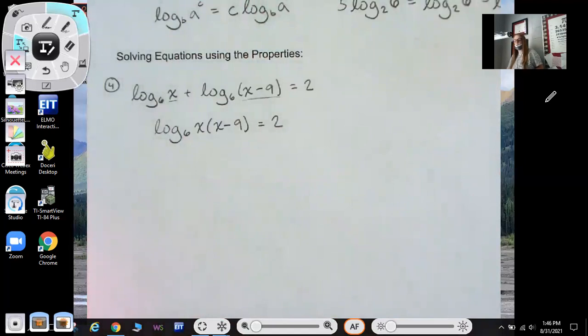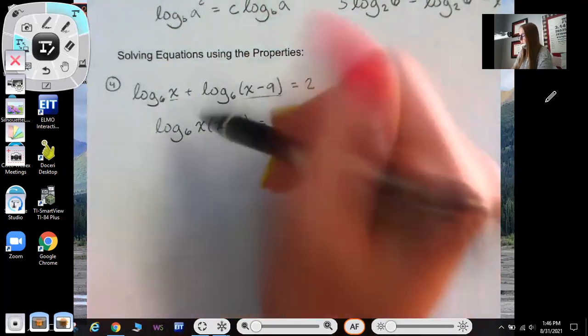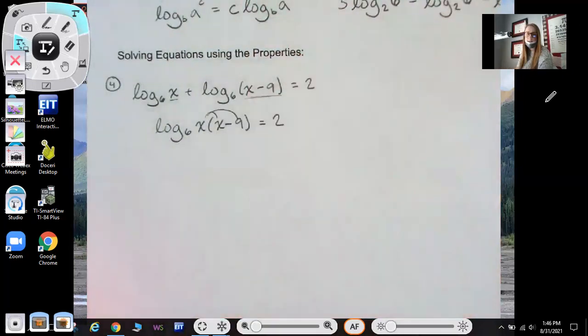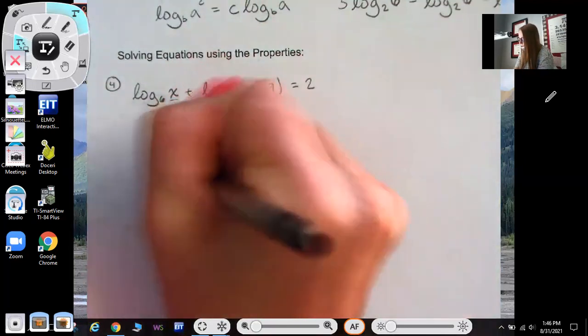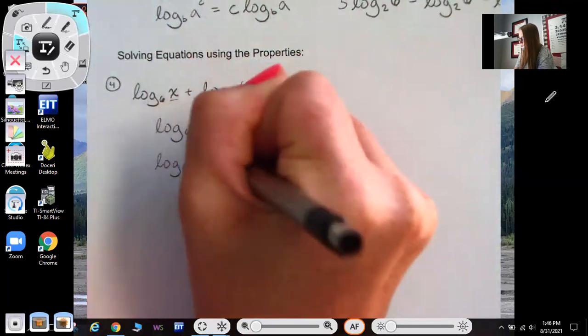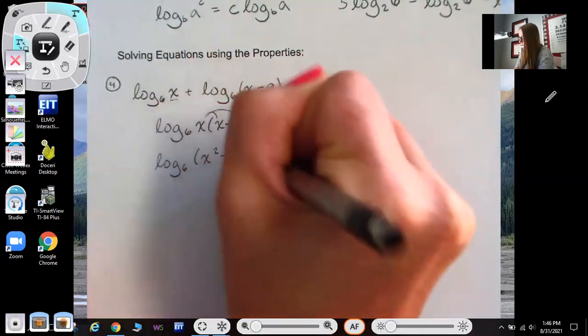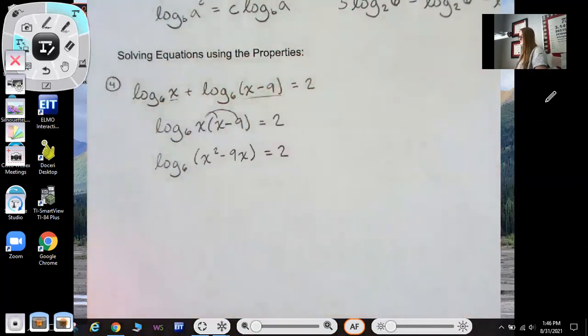So we've used the product property to combine these two logarithms into one. Let's go ahead and do this multiplication by distributing the x. So we have log base 6 of x squared minus 9x equals 2.